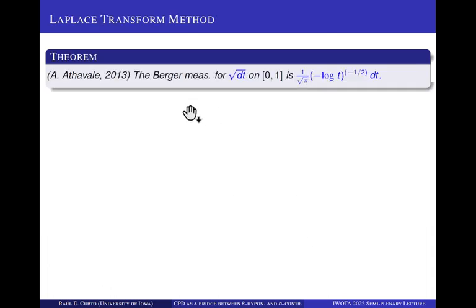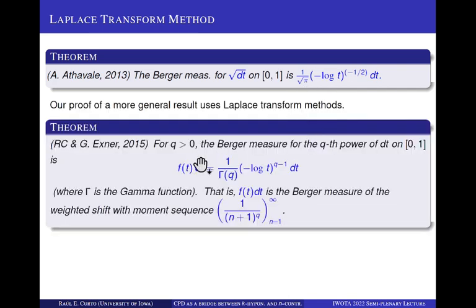Atavale in 2013 showed that the Berger measure for the square root of the Bergman shift is represented in this manner. Our proof of a more general result uses Laplace transform methods. Our more general result is that if we look at the qth power of the shift, we can express its Berger measure with the gamma function.